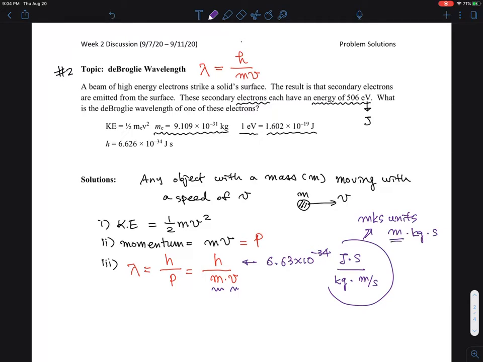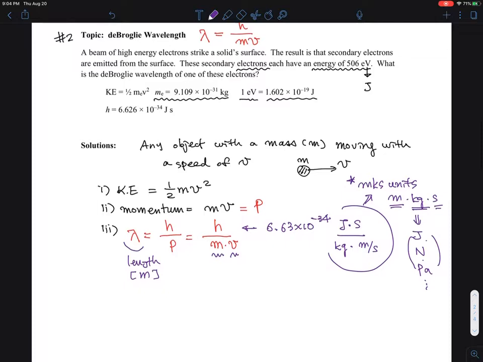If you choose the length scale as a meter, mass as a kilogram, and the time scale as a second, then naturally you have an energy unit of a joule, a force unit of a Newton, a pressure unit of a Pascal, and so on. So the result is a length, and therefore you should give the unit of a meter. That's a little bit of the details.